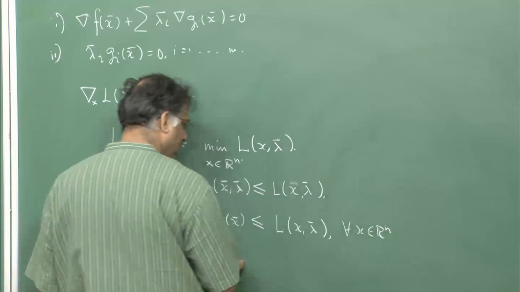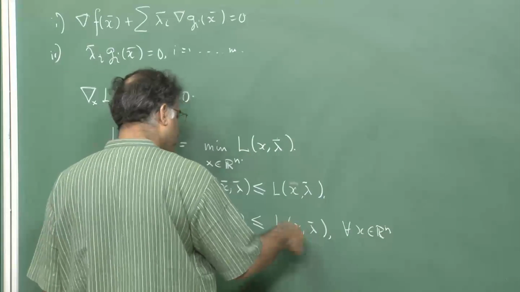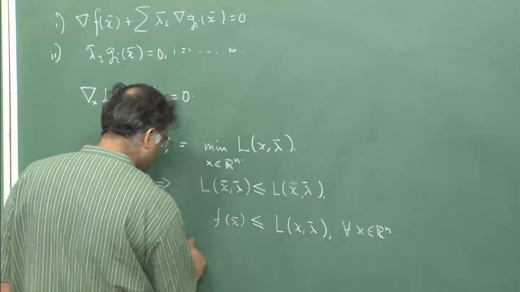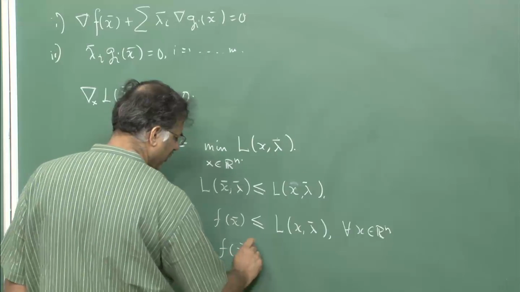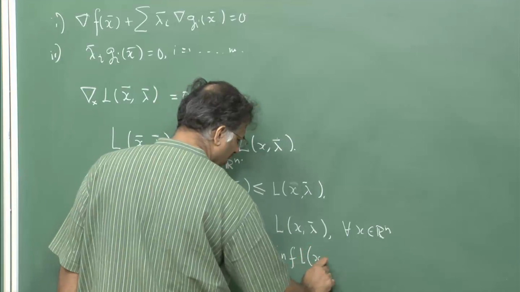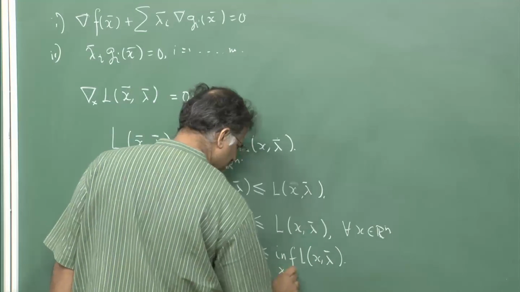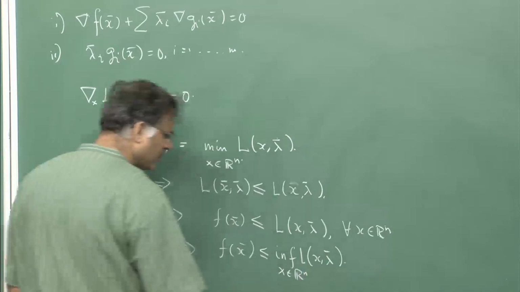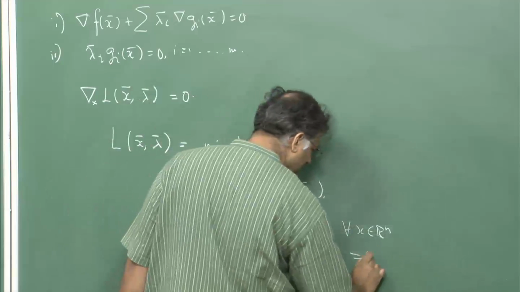Now, this is a fixed quantity here, for whatever x you choose this would be bigger. So, this would imply that f of x bar is less than or equal to the infimum of L x lambda bar, and this is nothing but theta lambda bar.